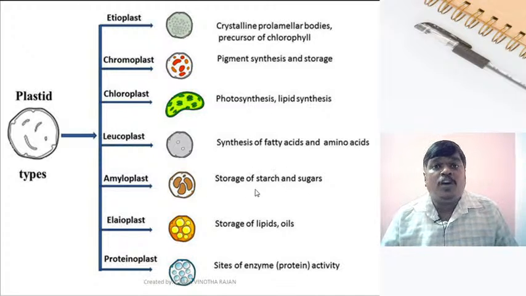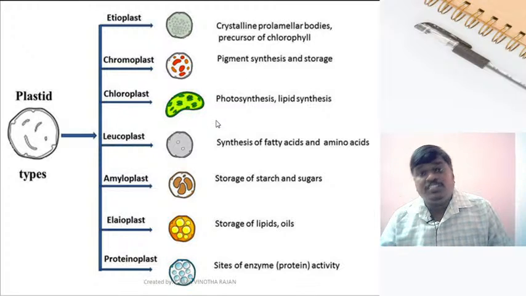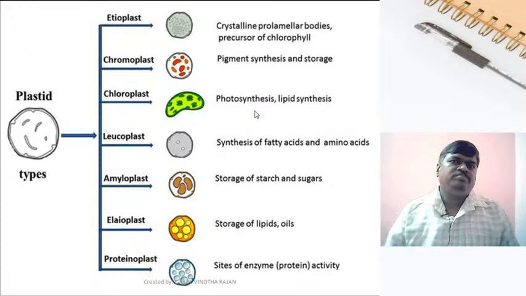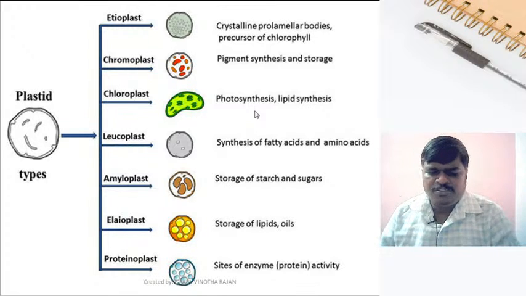Starch is a complex form of glucose. Leucoplast is involved in synthesis of fatty acids and amino acids. Chloroplast is involved in lipid synthesis as well as proteins, the photosynthesis process. Chromoplast is for pigment synthesis and storage. Etioplasts contain crystalline prolamellar bodies and are a precursor of chlorophyll, because from etioplasts the chlorophyll molecules are formed. This is about the types of plastids.